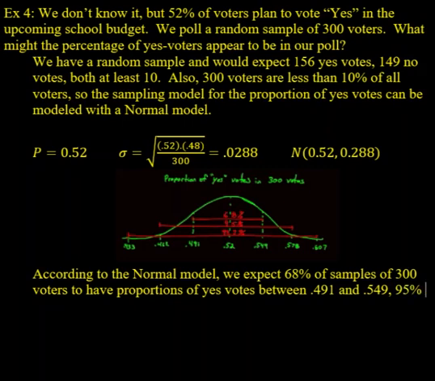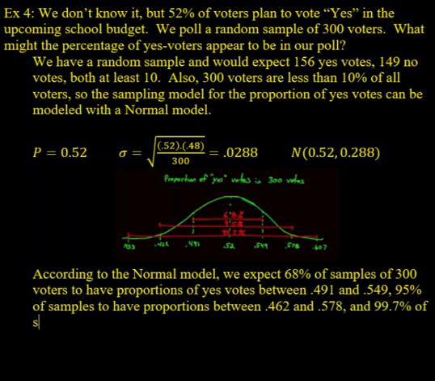We expect 95% of samples to have proportions between 0.462 and 0.578.